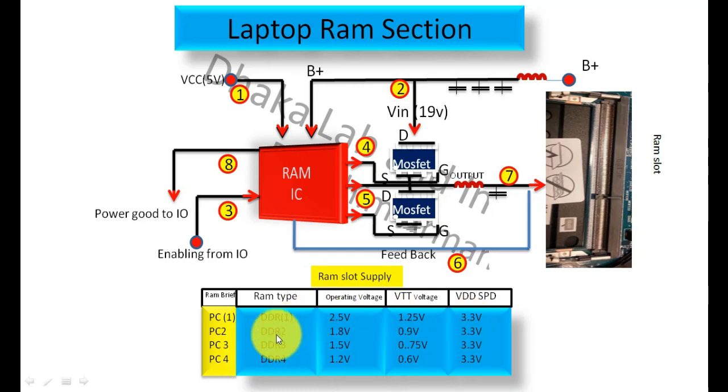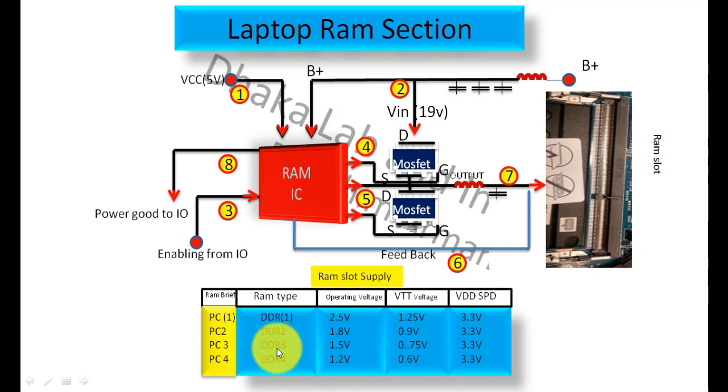And for DDR2 RAM, the other name will be PC2, and the operating voltage will be 1.8 volt, and VTT voltage will be half of that, that's 0.9 volt, and VDD SPD will be the same, 3.3 volt.